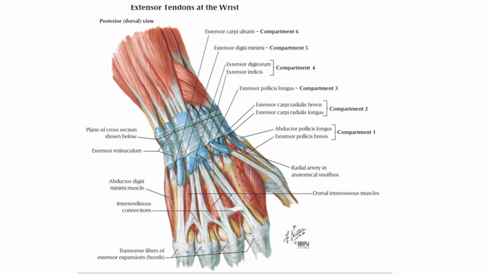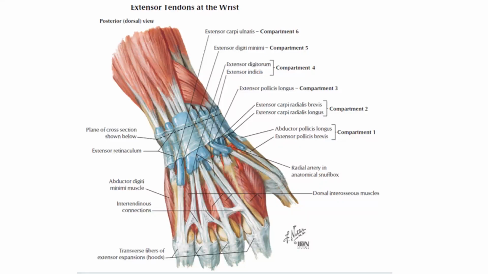You have certain tunnels or compartments for these tendons to pass. You have a first compartment which consists of the abductor pollicis longus and extensor pollicis brevis. This is one. Two is the extensor carpi radialis brevis and longus.